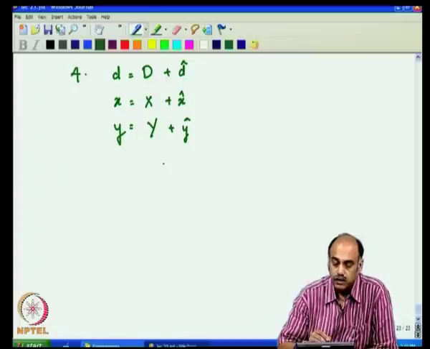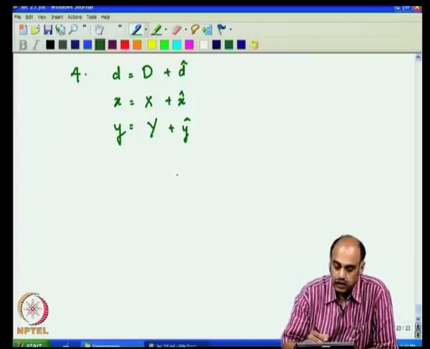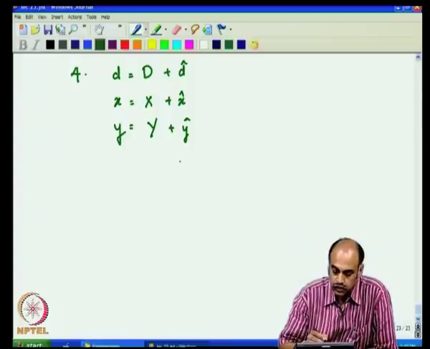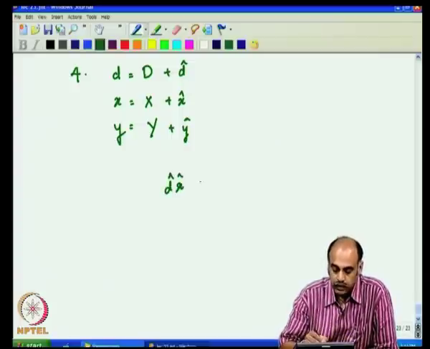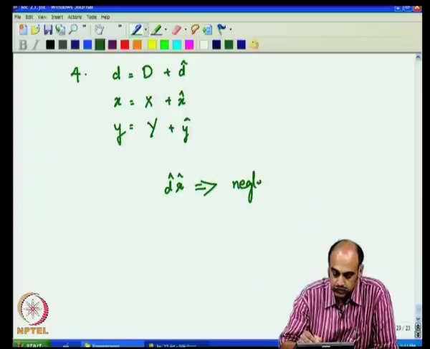Remove the steady state portion and to the remaining terms apply the constraint that the product of small signal terms, like for example this, is insignificant and this is very small and can be neglected.